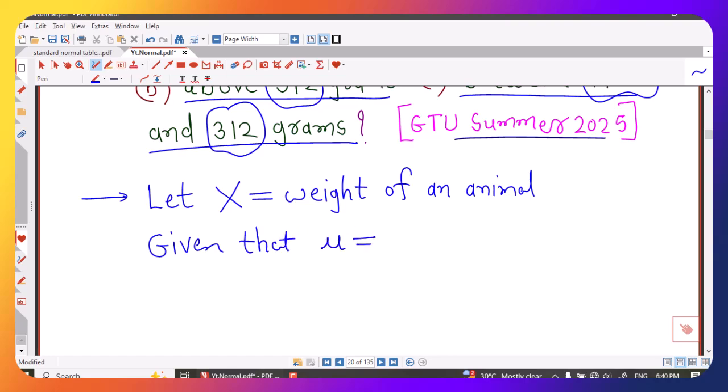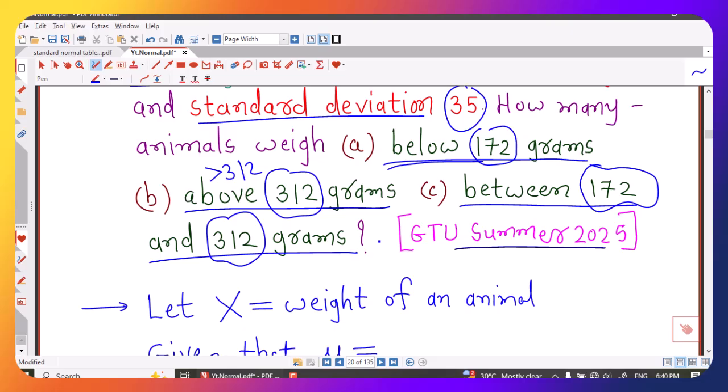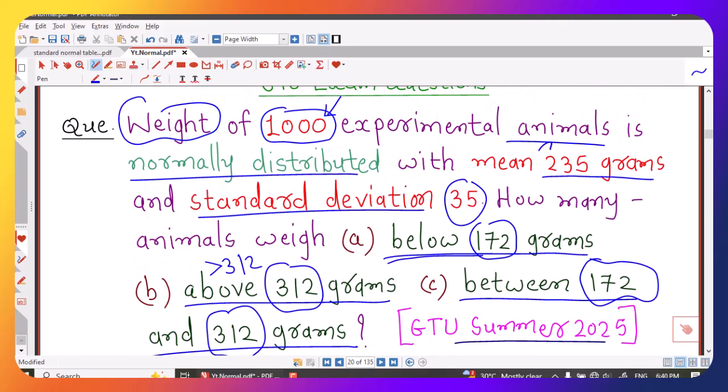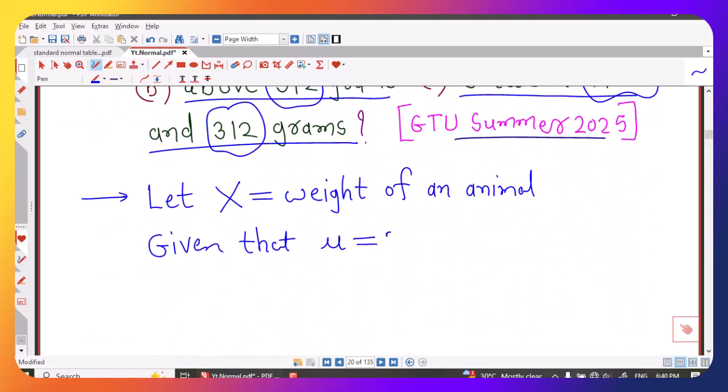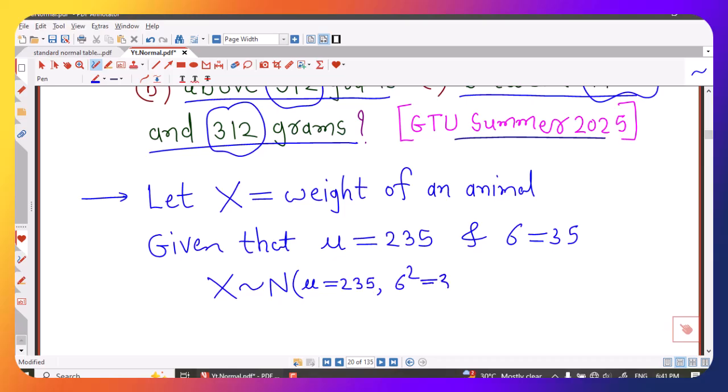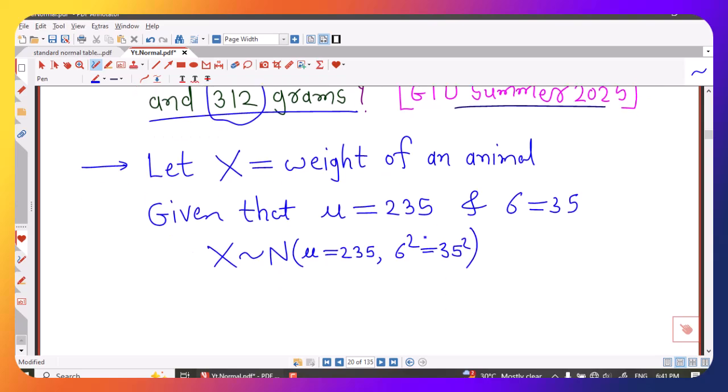It is given that mean equal to 235 grams and standard deviation is 35. Mean is 235 and sigma is 35, and we are given that this weight is normally distributed with this mean mu equal to 235 and variance sigma square equal to square of 35.